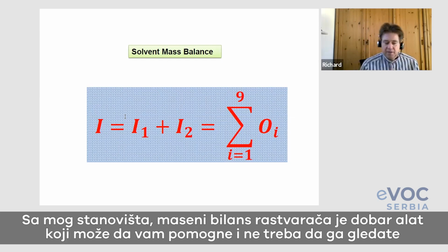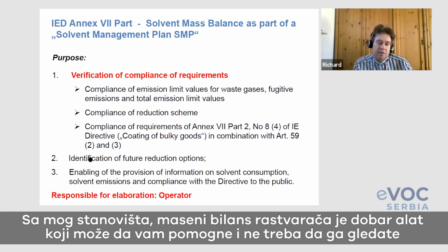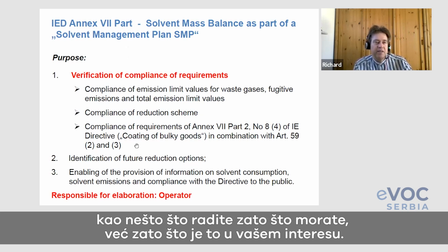So the solvent mass balance is, clear from my point of view, a good tool to help you, and you should not consider it as something that you must do because you must do, but it is something that is really in your interest.